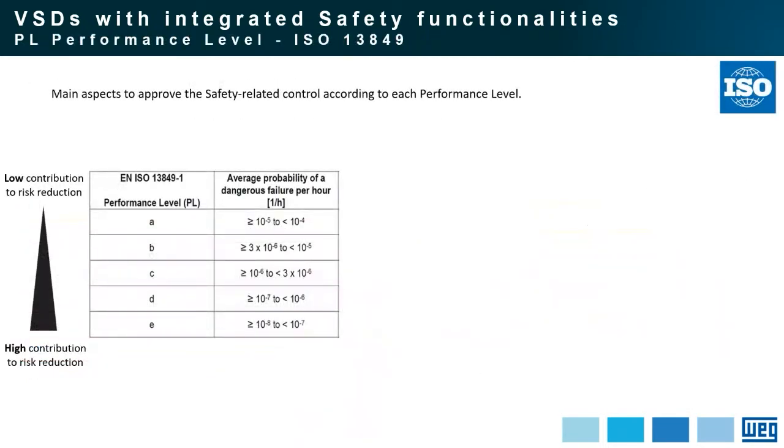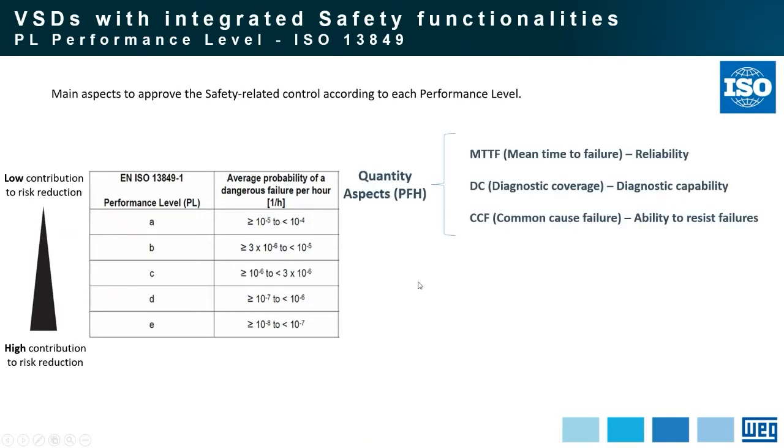But additionally to the risk assessment, it is necessary to evaluate the main aspects to approve the safety-related control for each performance level, such as the average probability of dangerous failures. There are different evaluations that must be done with these standards. The first one is concerning the quantity aspects. The quantity aspects are basically statistical analysis, okay? It will evaluate, for example, the mean time to failure of the main components installed in the machine.